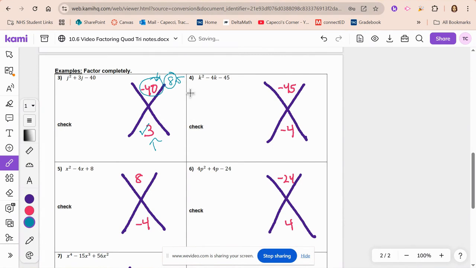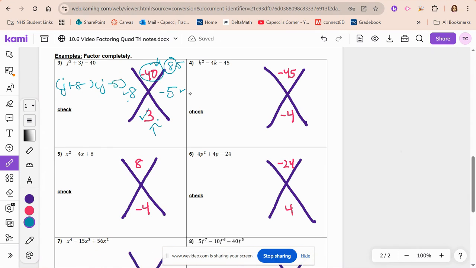So my 8 has to be positive and my 5 has to be negative. So 8 times negative 5 gives me negative 40, and 8 plus negative 5 gives me 3. So I know I'm all set. This gives me j plus 8 and j minus 5.